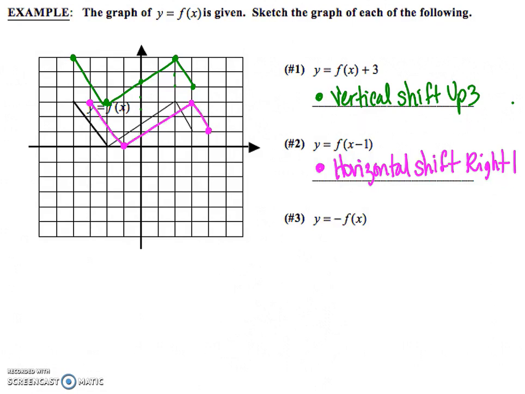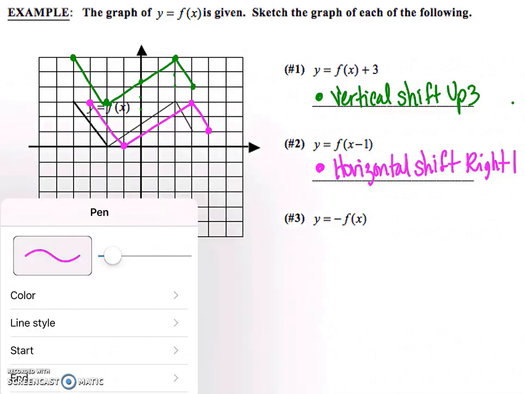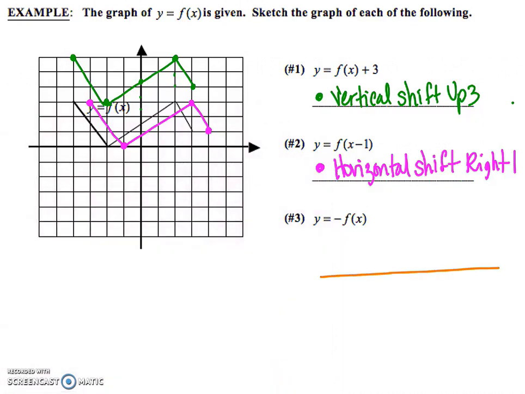And then our final transformation here, that negative sign in front of the f of x, that tells us that we are going to be reflecting this graph over the x-axis. So you just take your point and you do the mirrored image of it over the x-axis. So there we go. So we have successfully done our 3 transformations.